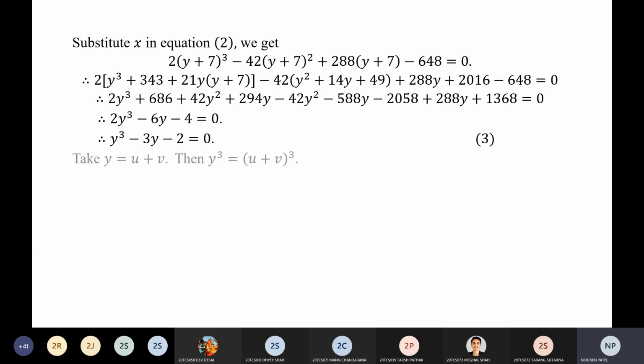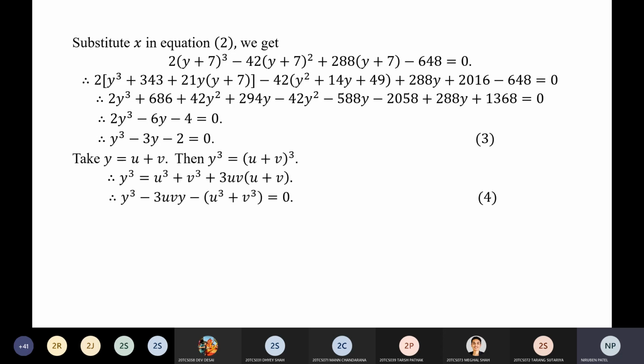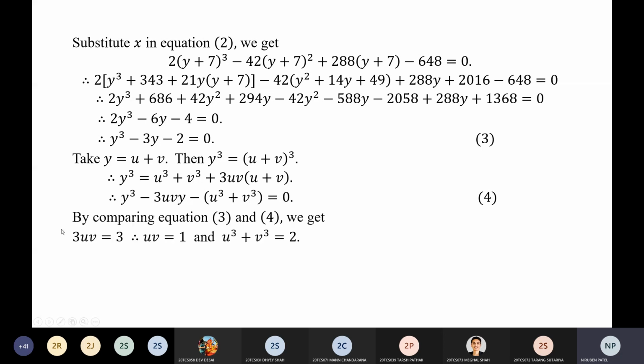Then after that, we will compare this with the standard equation. And by the comparison, we will have 3uv equal to 3 and u cube plus v cube equal to 2. Right? So write down these steps.